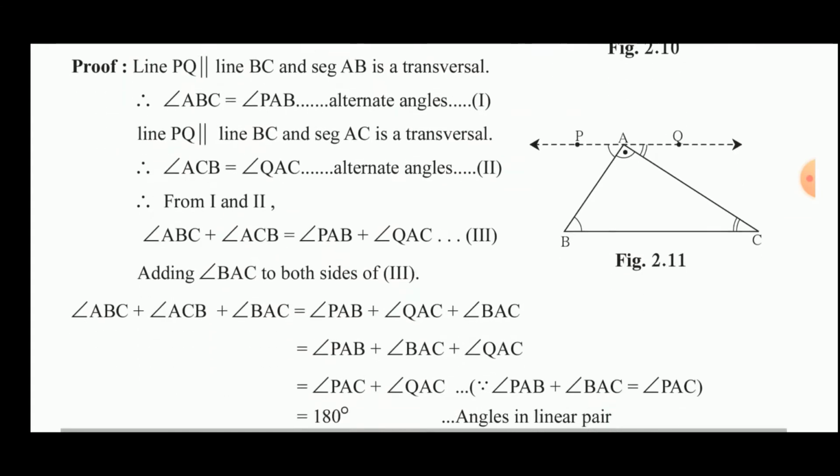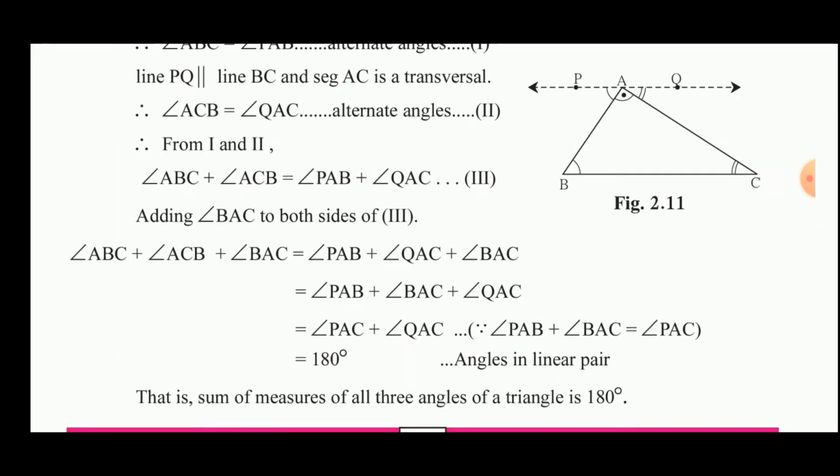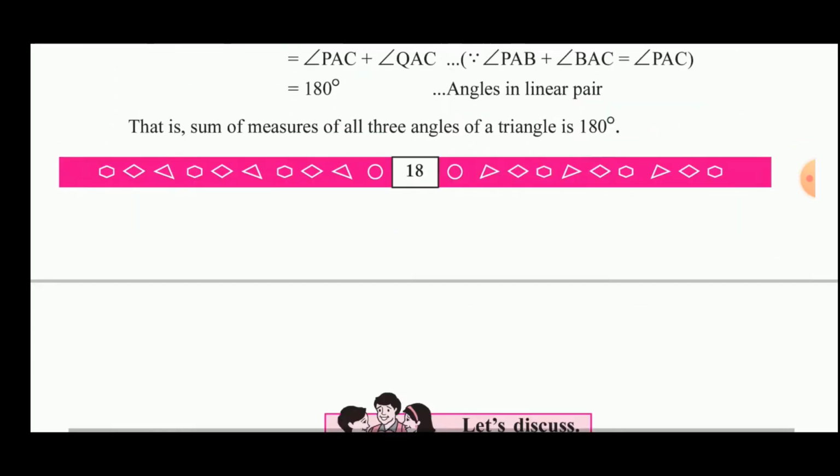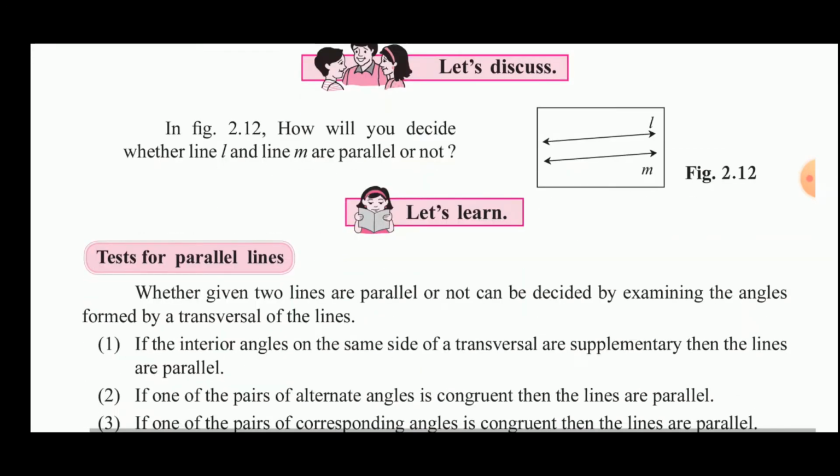Now on the right hand side of this equation, we get PAC plus QAC, which is equal to 180 degrees, that is, angles in a linear pair. So therefore we get the sum of the measures of all the angles of a triangle is 180 degrees.